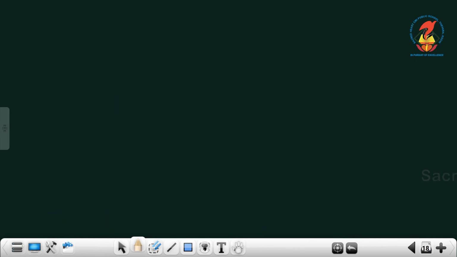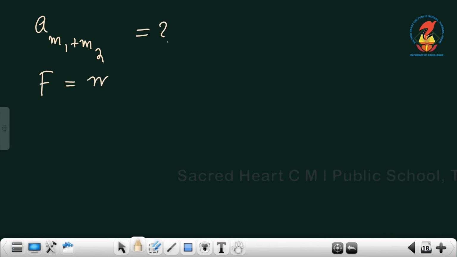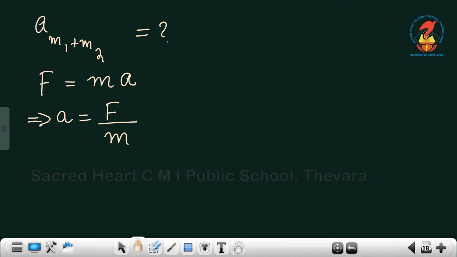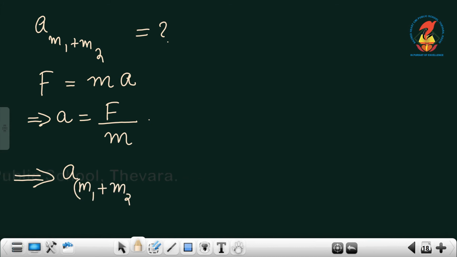The question is to find the acceleration when both the masses are tied together. Again, Newton's second law is F is equal to ma. So A is equal to F by m. And our question is to find the acceleration when both the masses are tied together.